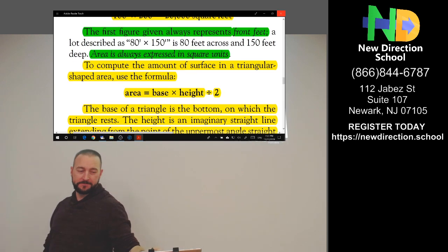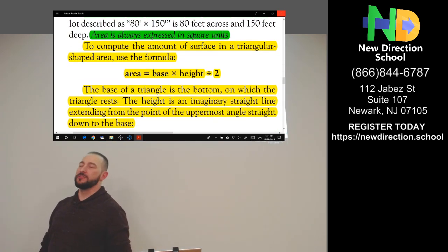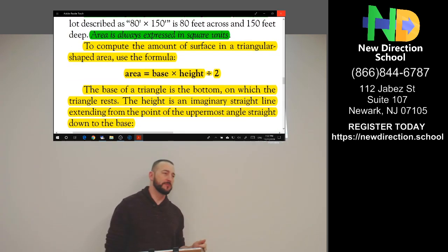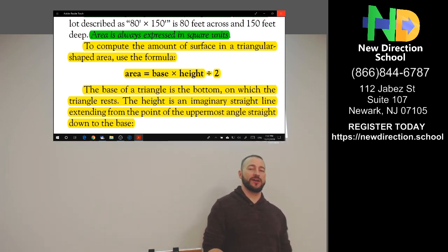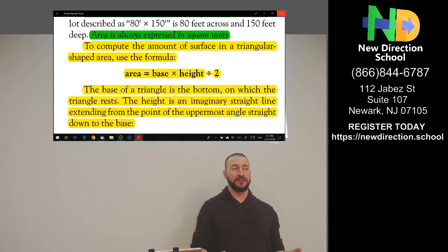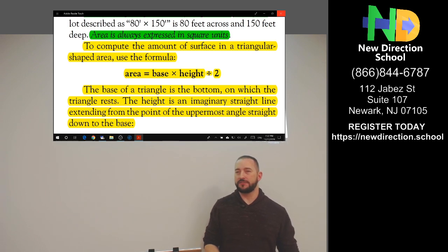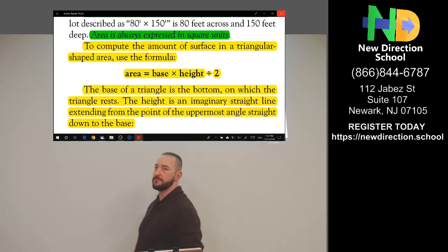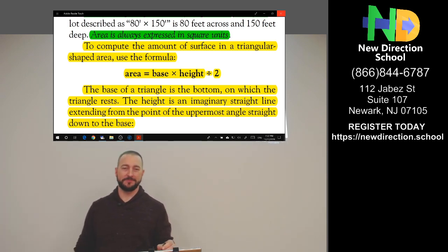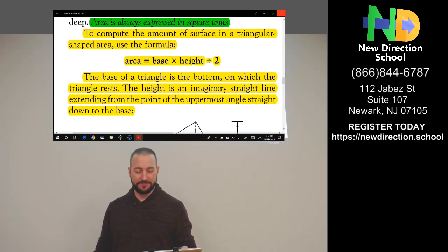You guys highlighted? All right, so in school you learn the area of a triangle is its base times its height and then divide by 2. Did they ever explain to you why divide by 2?